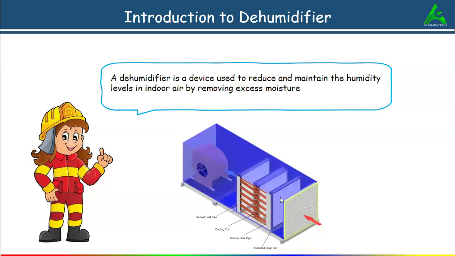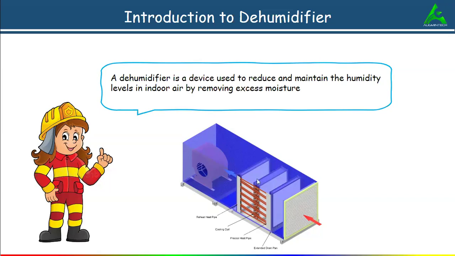In that pre-cool heat pipe, the air gets a bit cool and the humidity level increases. Once it passes through the cooling coil, the humidity level is higher and the air temperature also drops. You can see the drain pan, where the condensate water accumulates and is removed through the drain.